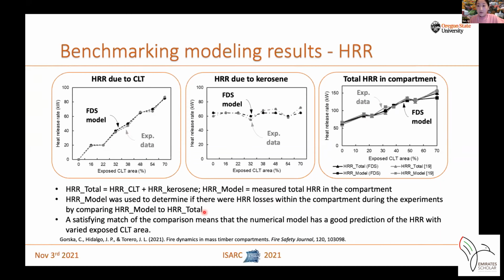HRR measured was used to determine if there were heat release rate losses within the compartment during the experiments by comparing HRR measured to HRR total. A satisfying match of the comparison means that the numerical model has a good prediction of the heat release rate with varied exposed CLT area.